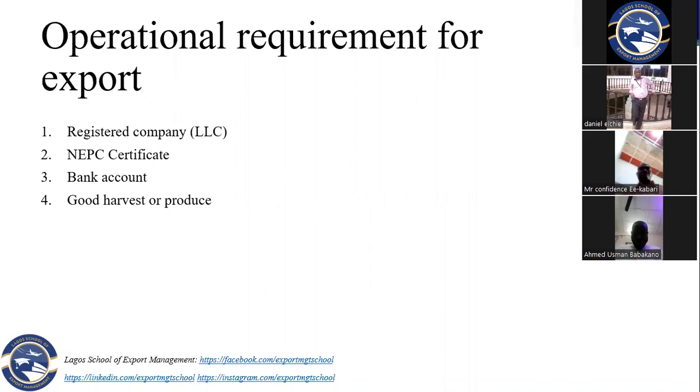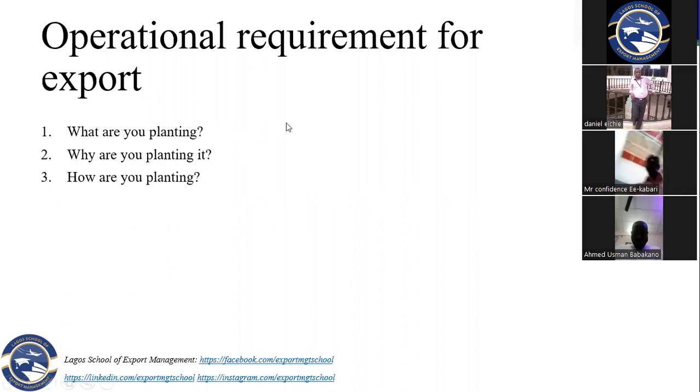So then, apart from these requirements, one of the things that we need to put into mind, that we need to understand, is these three questions that I listed. What are you planting? We've come almost to the end of the rainy season.